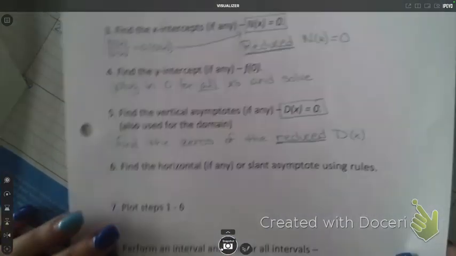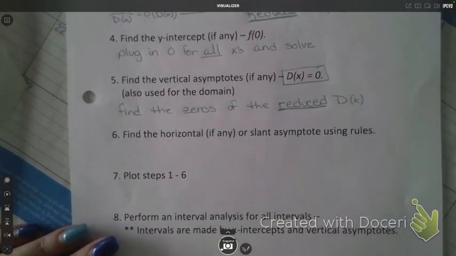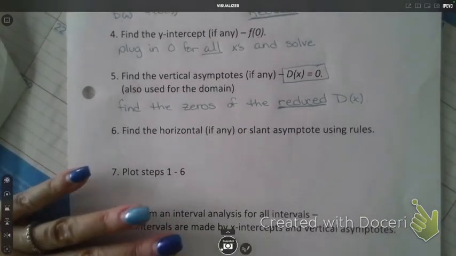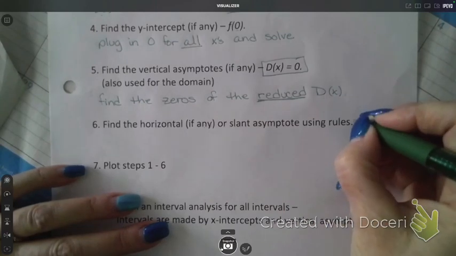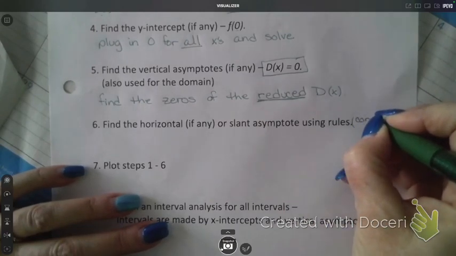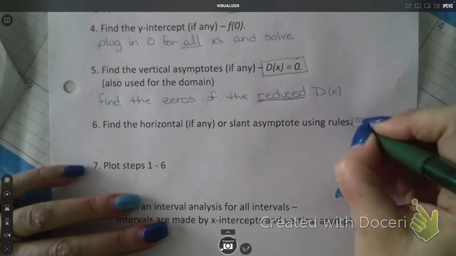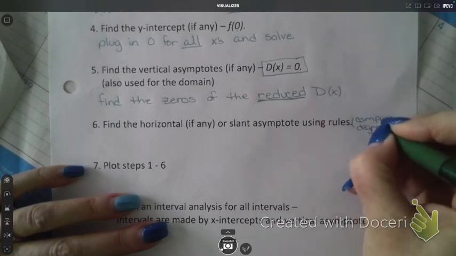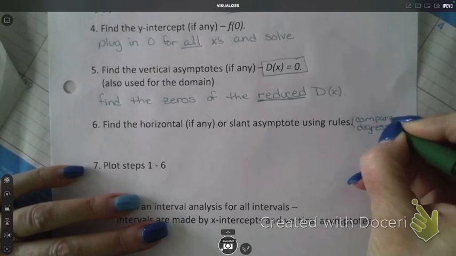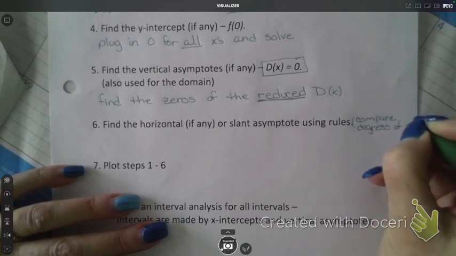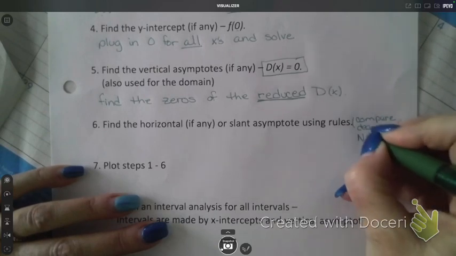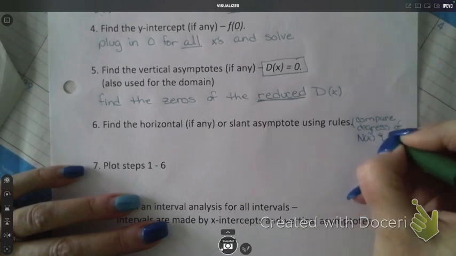Okay, so horizontal asymptotes, we're comparing degrees. You compare degrees of n of x and d of x.